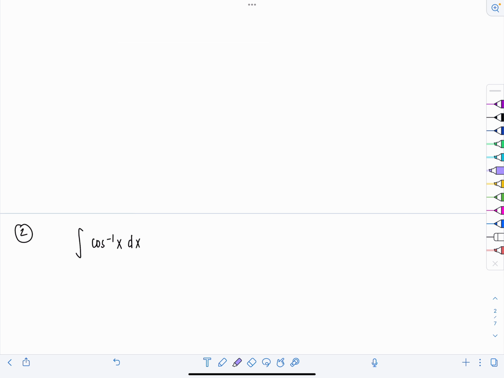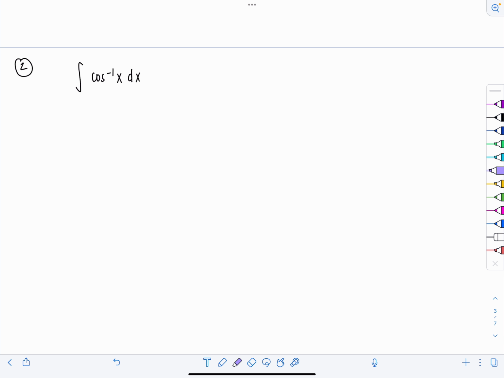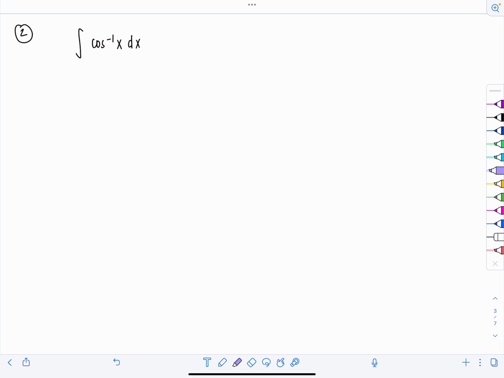Fabulous. Moving on, example number 2, integral of cosine inverse of x. Okay, if you did not memorize all your derivatives and inverses from Calc 1, you're going to struggle in this section. Because remember, we know the derivative with respect to x of cosine inverse of x. Or at least we should, right?